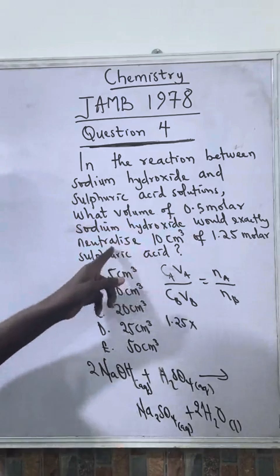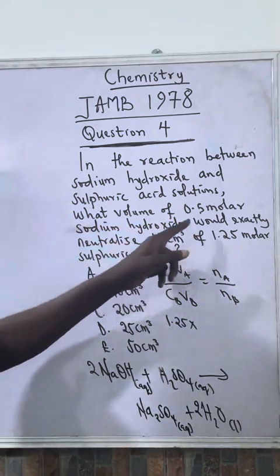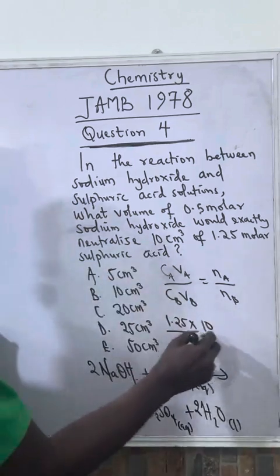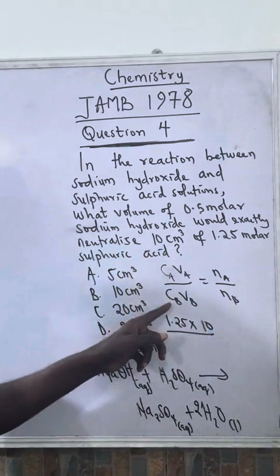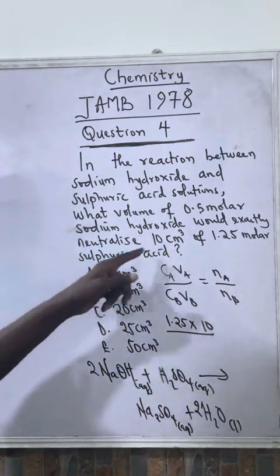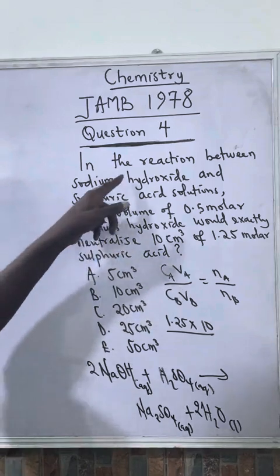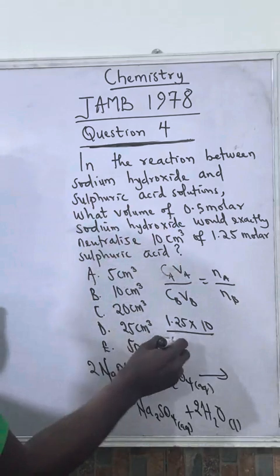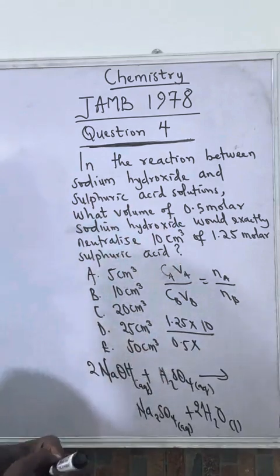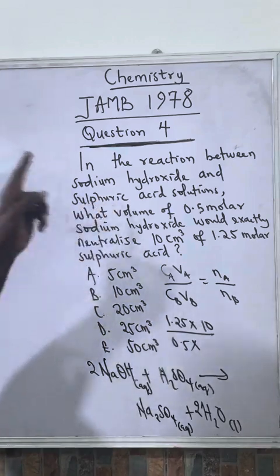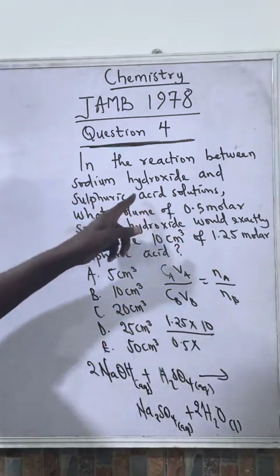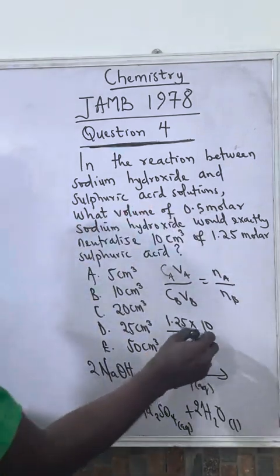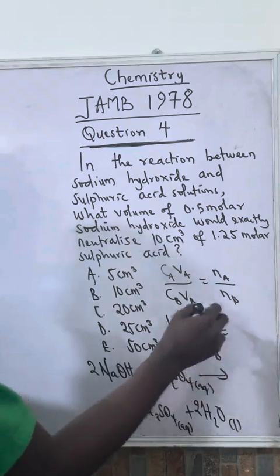They gave us 10 cm³ of the acid, so the volume of acid is 10 cm³. All divided by the concentration of the base, which is 0.5 molar, times the volume of the base. That's what the question is asking, so we put Vb. That's what we are finding.